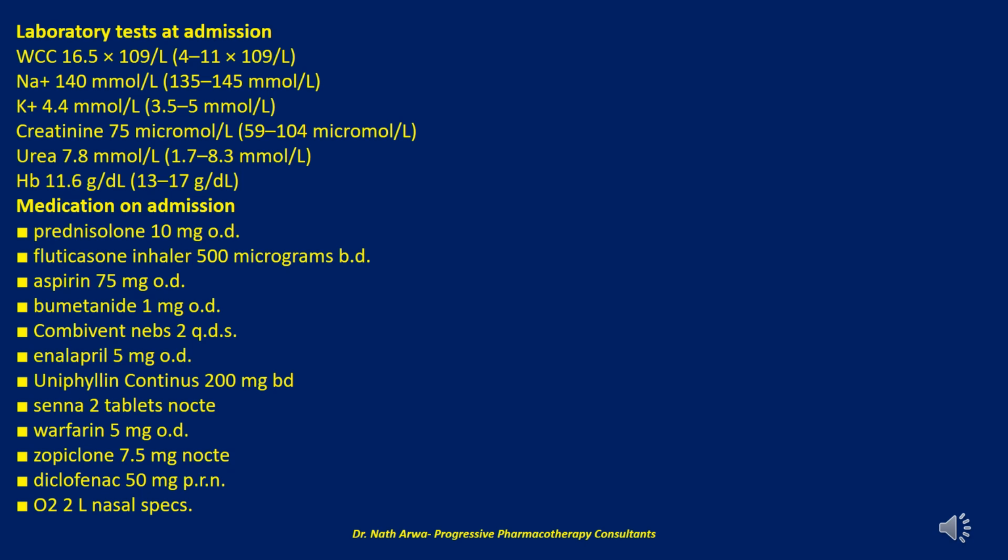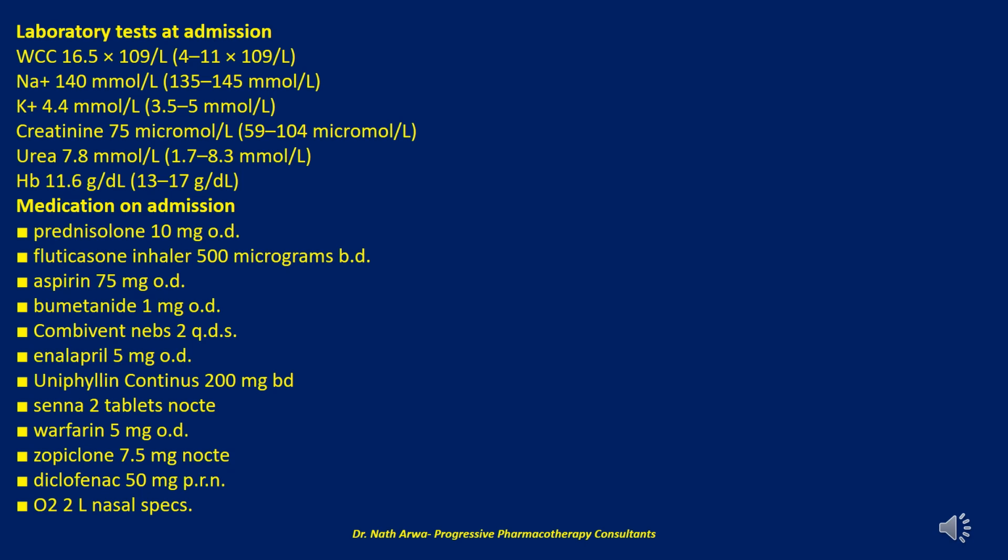The normal range is 59 to 104 micromoles per liter. Urea of 7.8 millimoles per liter. The normal range is 1.7 to 8.3 millimoles per liter. Hemoglobin of 11.6 grams per deciliter. The normal range is 13 to 17 grams per deciliter.